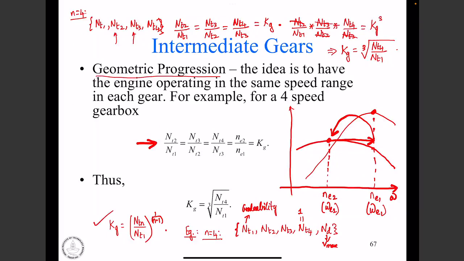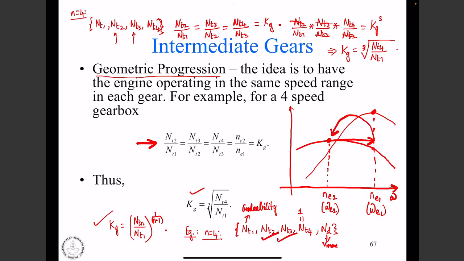So we can calculate this k subscript g, which is the cube root of NT4 by NT1. And once we calculate k subscript g, we can calculate NT2 and NT3. So that's how we can get the first cut values of the gear ratios for a 4-speed gearbox, where by convention the fourth gear corresponds to a direct drive. All right, so that's what it is.